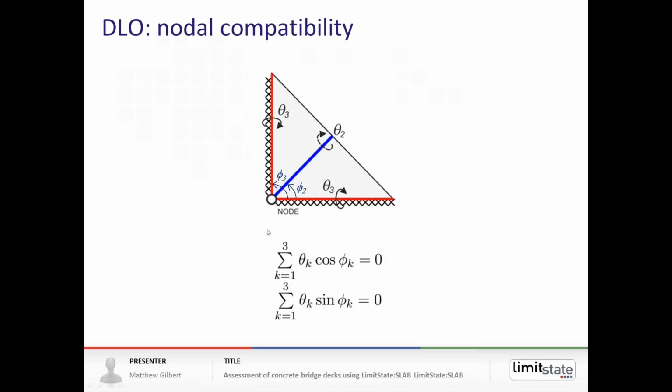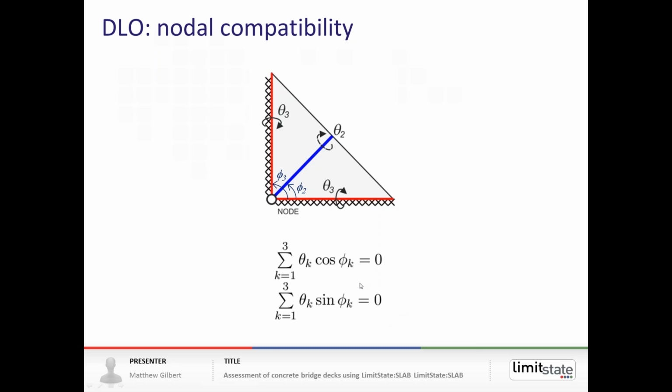And the constraints in question, in this case, boil down to ensuring that if we resolve in the x direction all the rotations, those x direction rotations sum to 0, and also the y direction rotations also sum to 0.